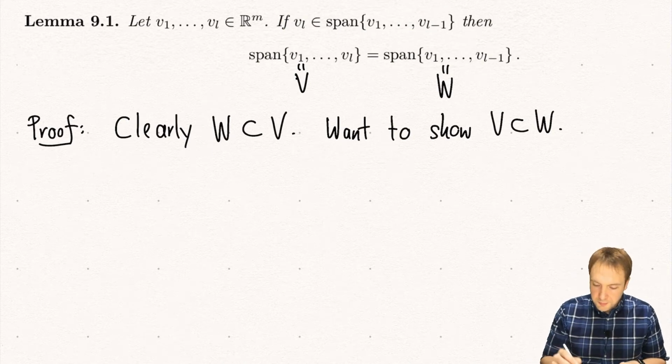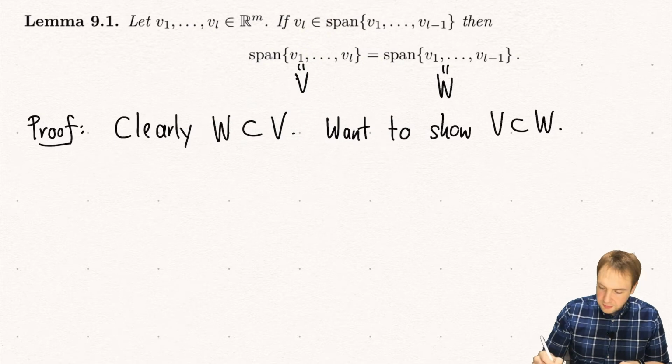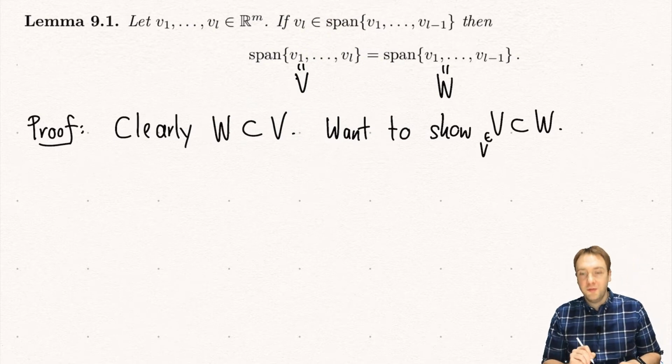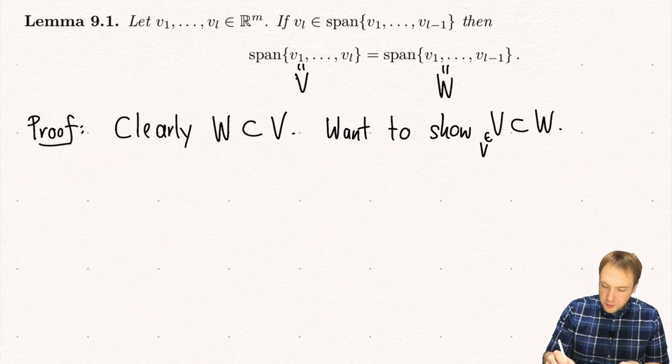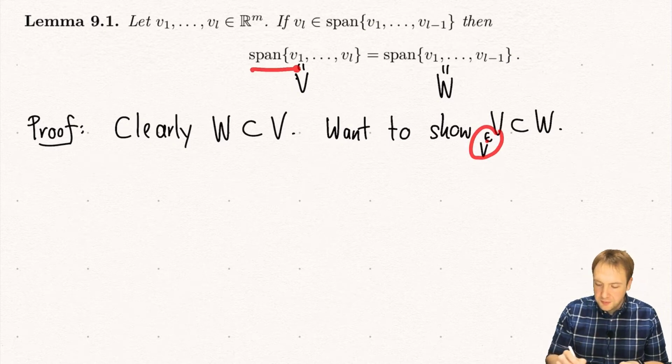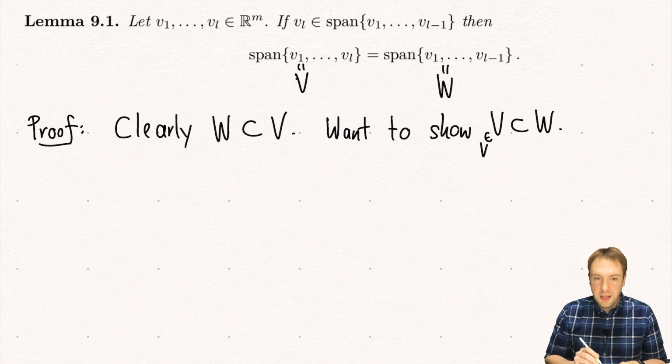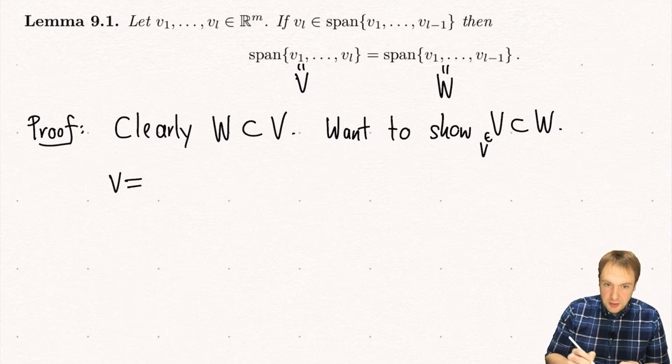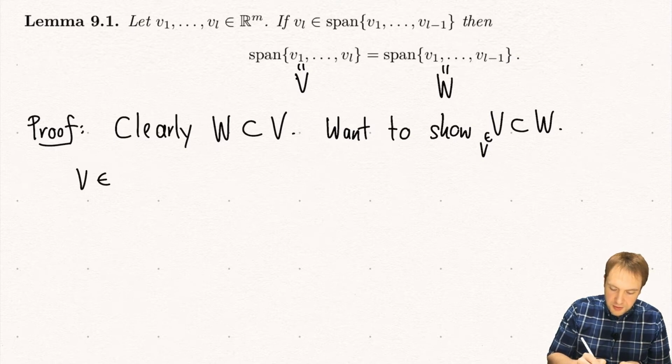So now let's take some small v in big V. Let's do it slowly.